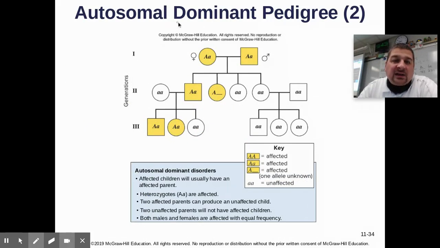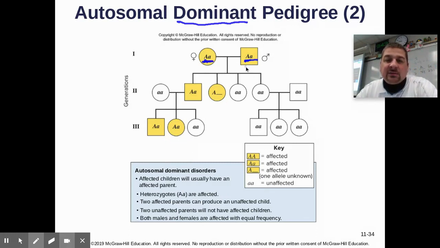When we look at an autosomal dominant pedigree, you see something a little bit different. Here we have two affected parents, and you see a much higher incidence of affected offspring between those two parents, because you only need one dominant allele to have the trait. So affected children will usually have affected parents.